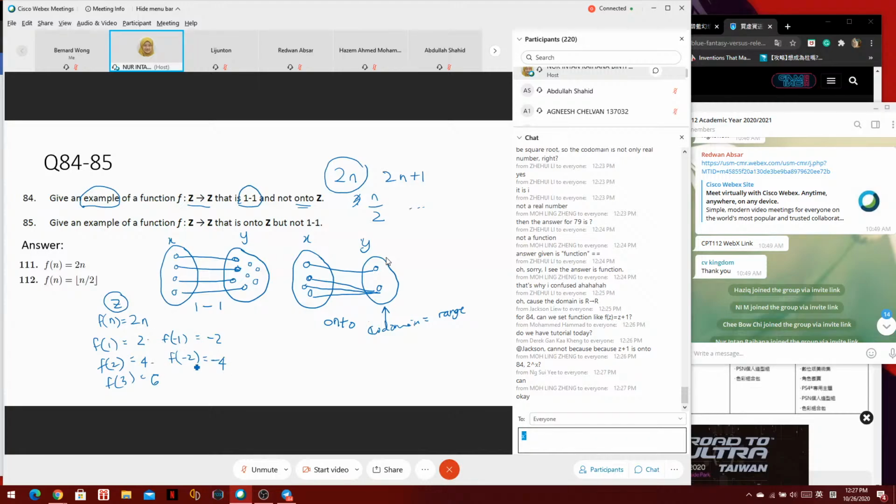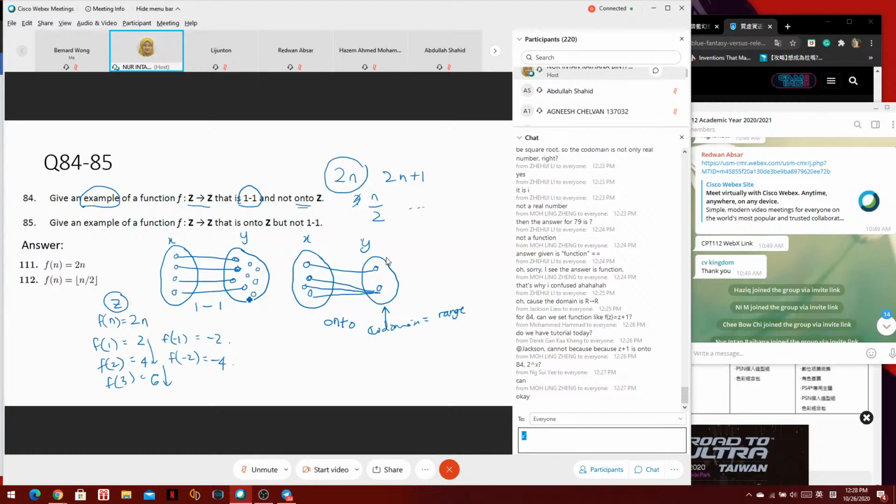So when we see the pattern of the answer, every number in y is mapped by only one value of x. There are none of the results that have 2 or more values of x that map to one value of y.